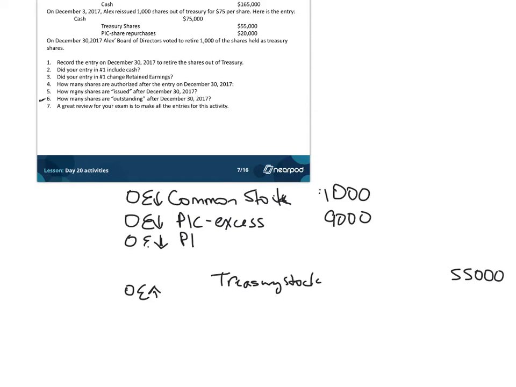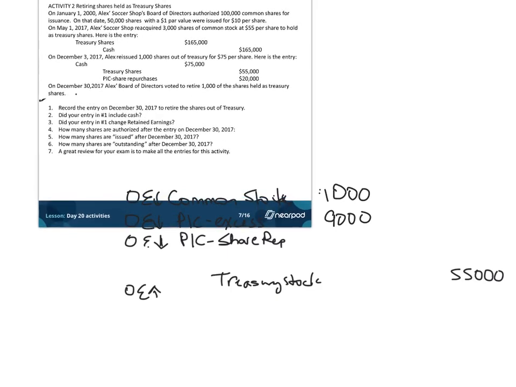If you look back at the information, you can see that we used it when we had the entry that reissued shares, this entry right here. We had paid in capital share repurchase of 20,000.